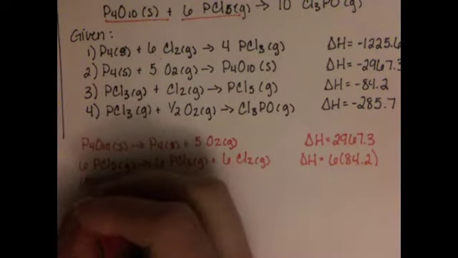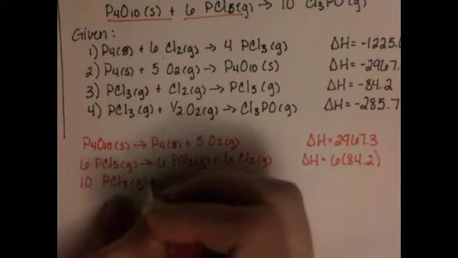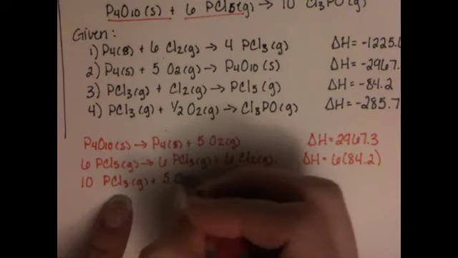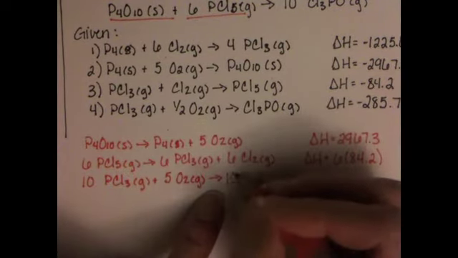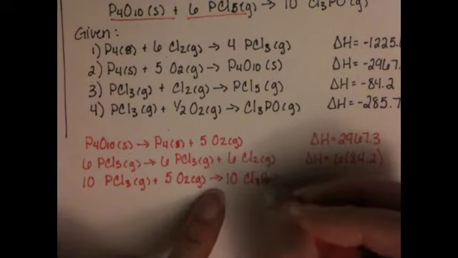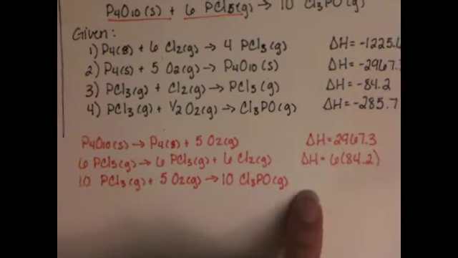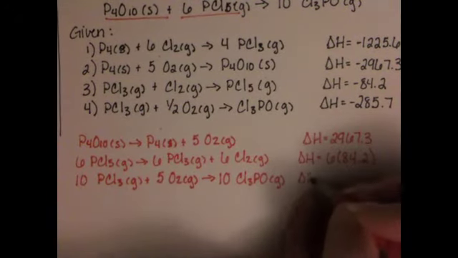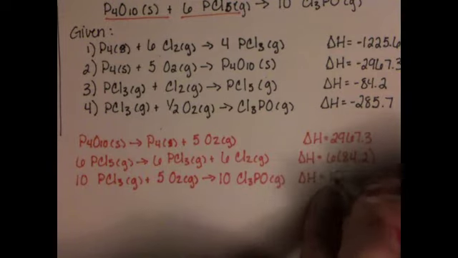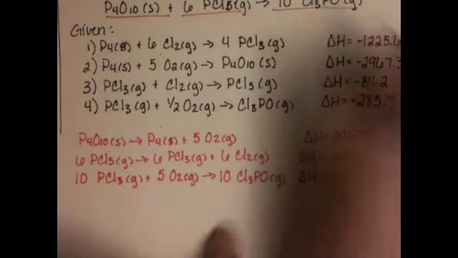So now we're going to have 10 PCl3 gas and 5 O2 gases, and we're going to produce 10 Cl3PO gases. And our delta H, our equation stayed in the same direction, so the delta H sign is going to stay the same, but the whole thing needs to be multiplied by 10. And that gives us our product.